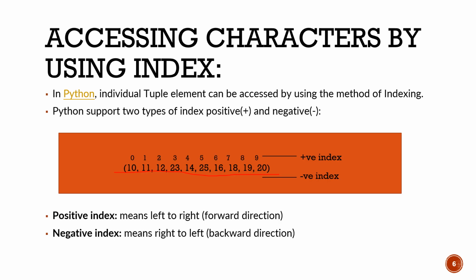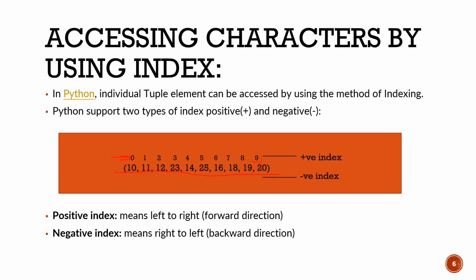The positive indexing always starts with 0, right? So the first element is present at the 0th position, the second element at the first position, the third element at the second position, the fourth element at the third position, the fifth element at the fourth position, the sixth element at the fifth position, the seventh element at the sixth position, the eighth element at the seventh position, the ninth element at the eighth position, and the 10th element at the ninth position.